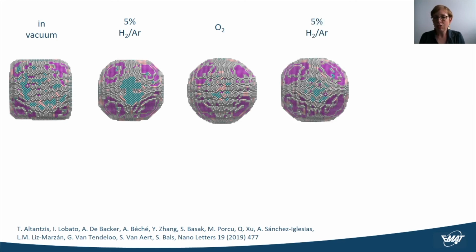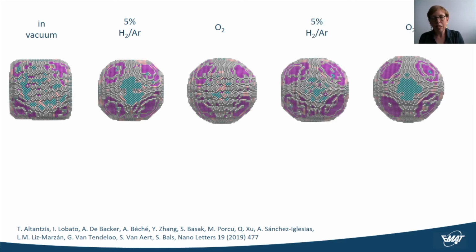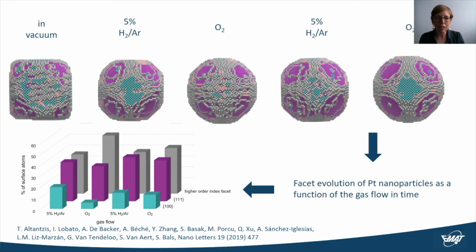We switch the gas flow once more, and this enables us to quantify refaceting of those platinum nanoparticles with atomic resolution during various cycles. In this example, we obtained the 3D atomic structure by analyzing the underlying images frame by frame.